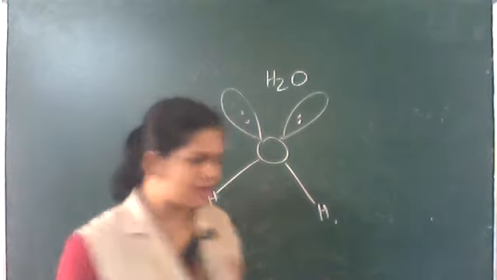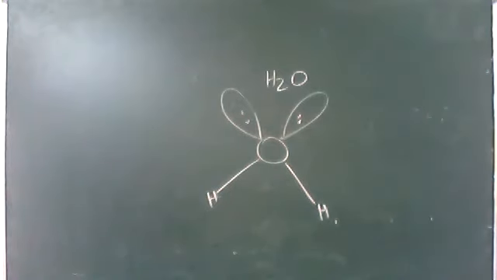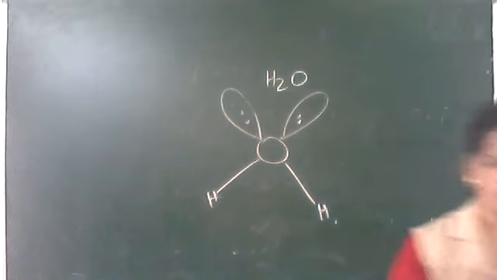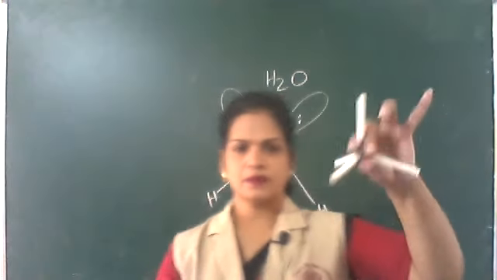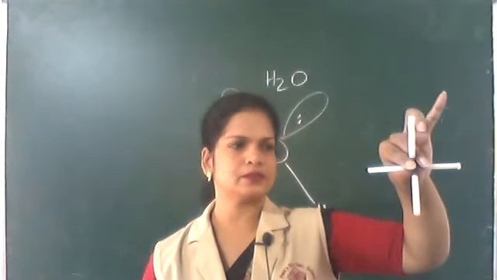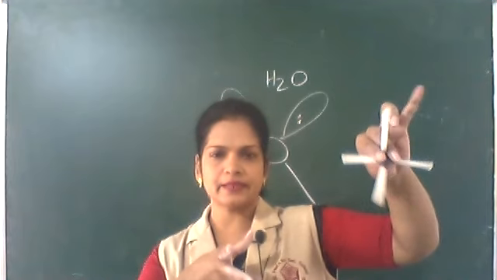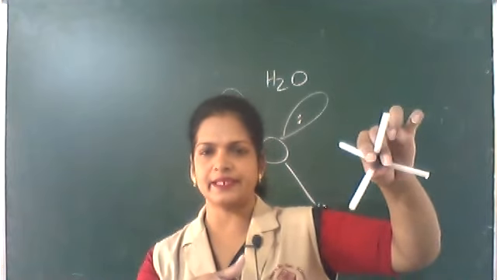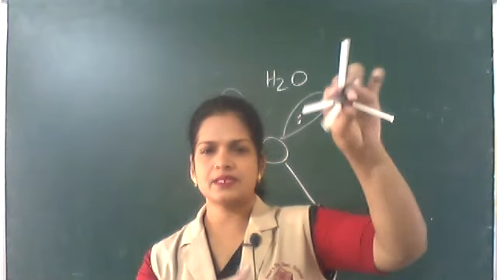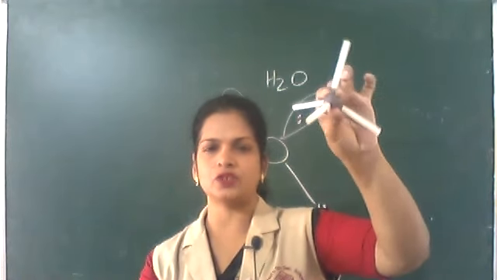So they stay far apart. In what way? The arrangement of electron pairs is in a tetrahedral way, around this oxygen.